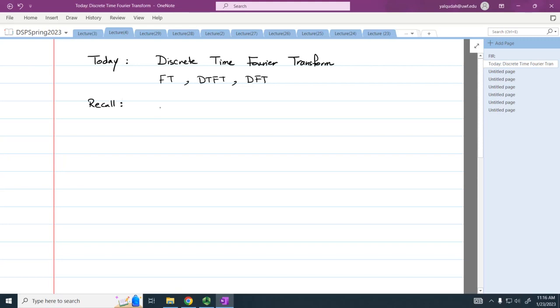So just recall a few formulas that we're going to be needing in the development. First one, if I integrate from negative infinity to infinity, delta of t dt, what is this equal to? 1.